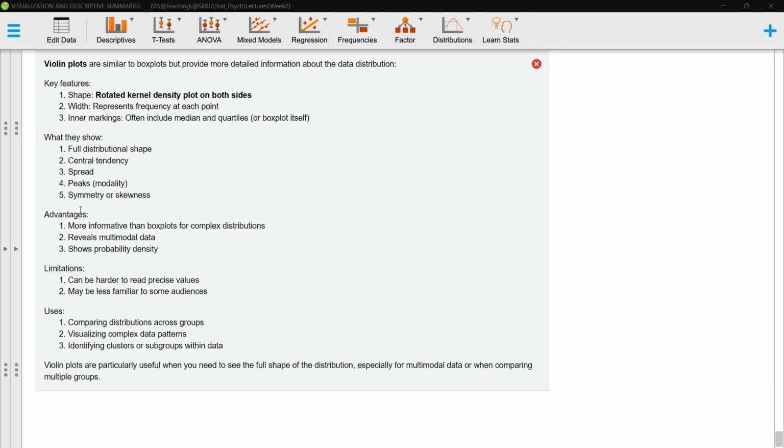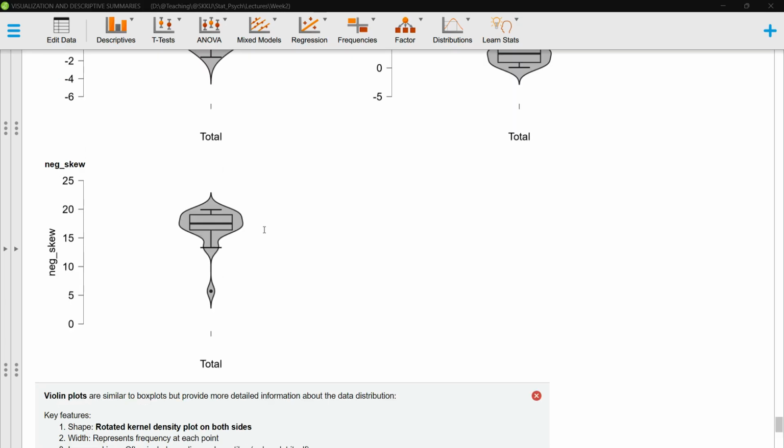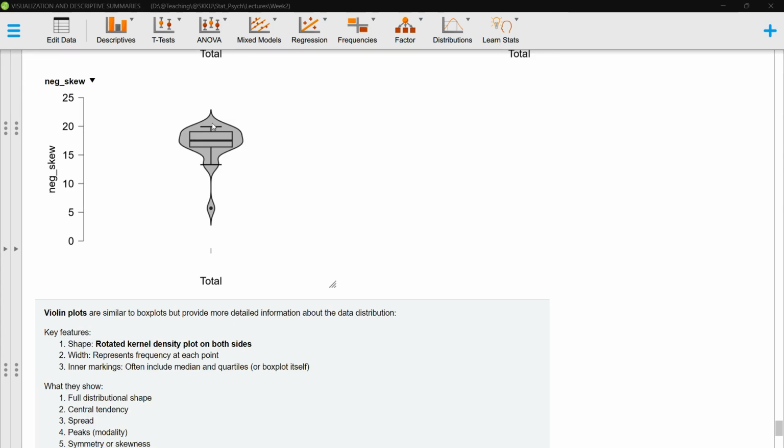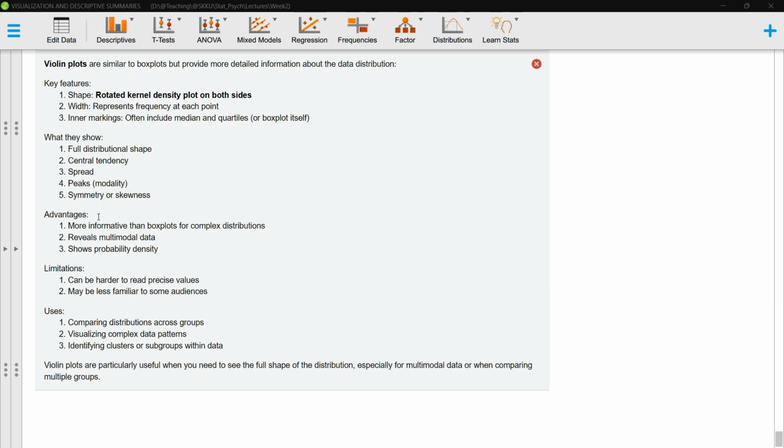What is the advantage of the violin plot? It is more informative than the box plot for complex distributions. The violin plot reveals multimodal data. When we have multiple modes in our distribution, the box plot cannot show them, but a violin plot can.